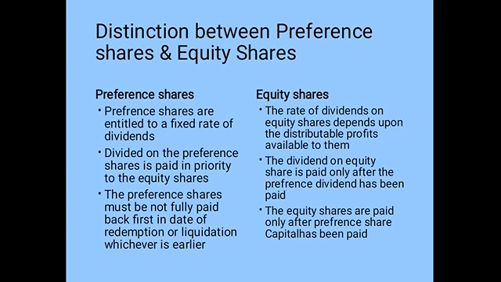The priority for repayment is given to the preference shares and then to the equity shareholders. The dividend on equity shares is paid only after the preference dividend has been paid.